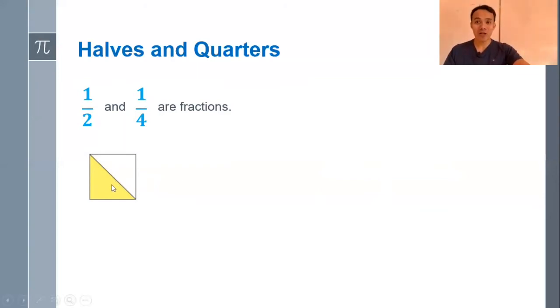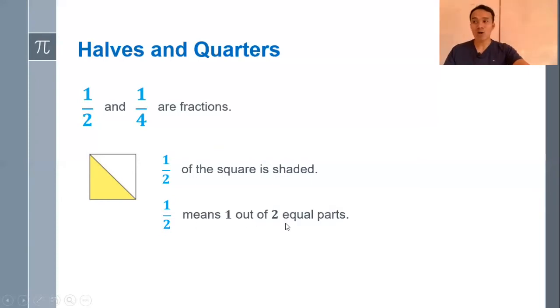Take note that one part is shaded out of 2 equal parts. So we say 1/2 of the square is shaded. When we say 1/2, it means 1 out of 2 equal parts. And 1/2 is read as one half.